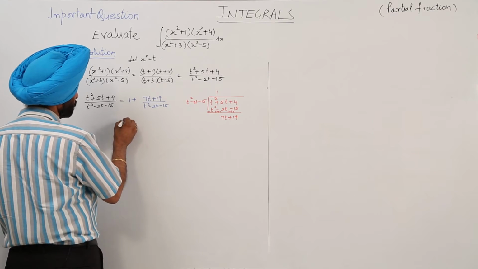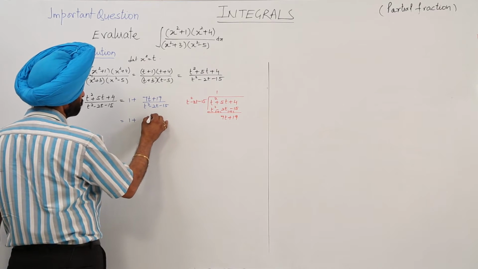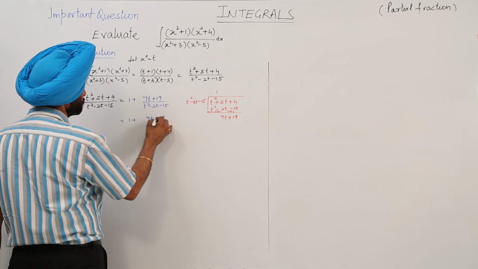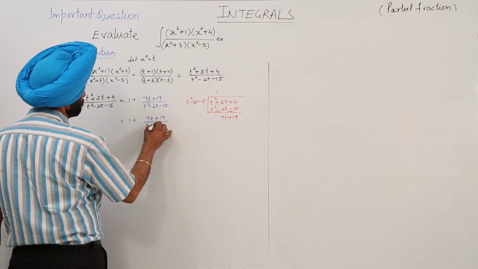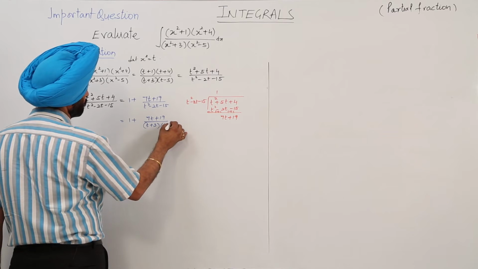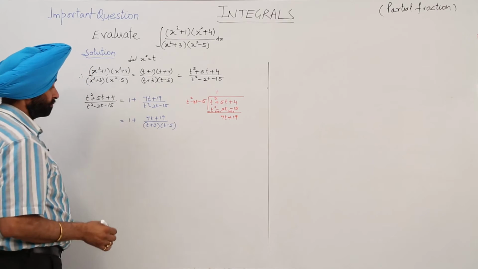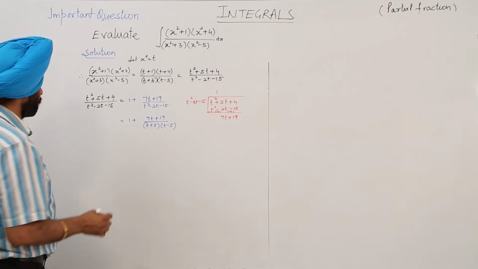Or this can be written as 1 plus (7t plus 19) upon (t plus 3)(t minus 5). Is it clear?